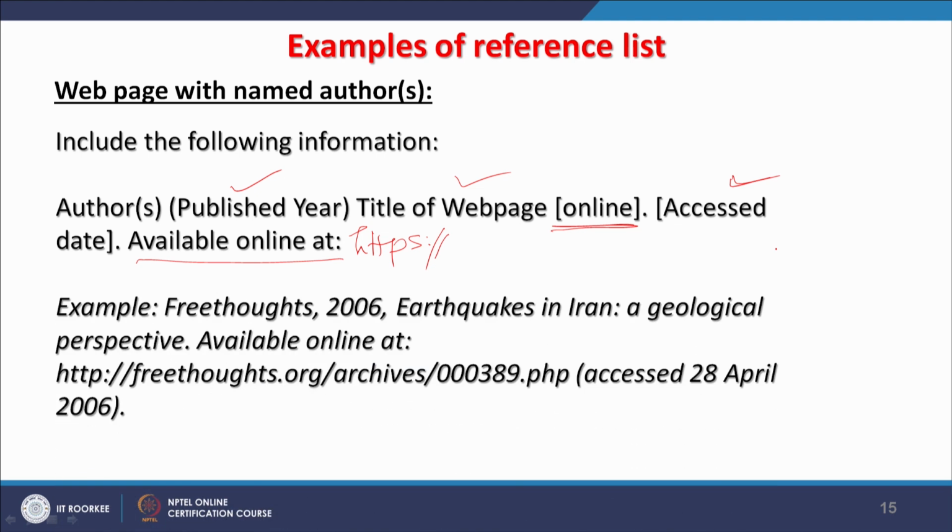So that any time they would like to, for example, there is an example: Free Thoughts 2006, Earthquakes in Iran, a geological perspective, available at this site, accessed on such and such date. So, you are declaring that on a particular day it was available, and after 10 years or 5 years, I do not have any responsibility, because you are not maintaining that page or portal, somebody else is doing so.